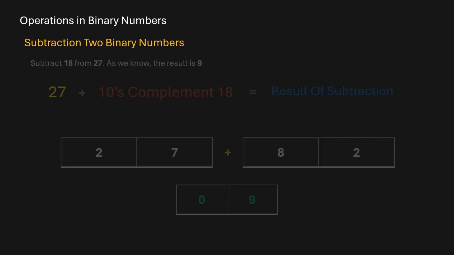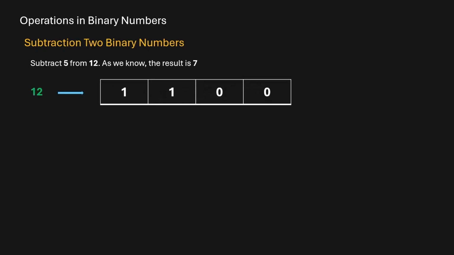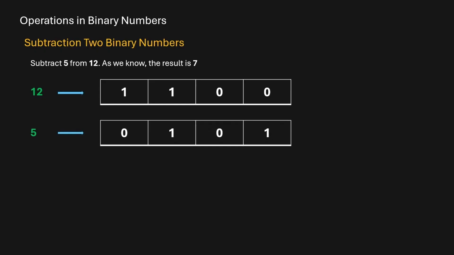Now, let's give an example of subtraction in base 2. Suppose we want to subtract 5 from 12. As we know, the result of this subtraction is 7. First, we convert 12 to base 2, which becomes 1100. We also convert 5 to base 2, which becomes 0101. Now, we need to calculate the (r-1)'s complement, or 1's complement, for the number 5.